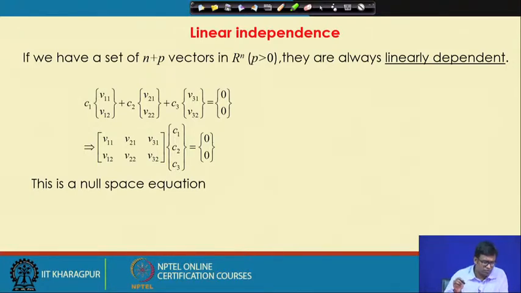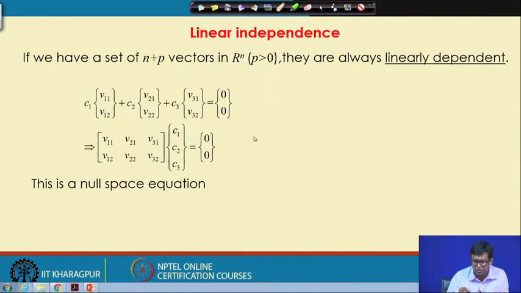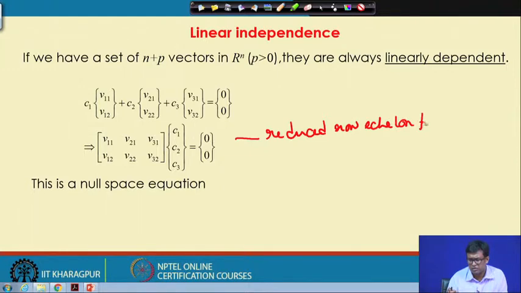So, we will end up in a reduced row echelon form. Remember, we have done it in the previous class, which will be something like 1 0, some non-zero number here, or maybe a 0 here, then 0 1 and maybe another non-zero number here, times C1, C2, C3.